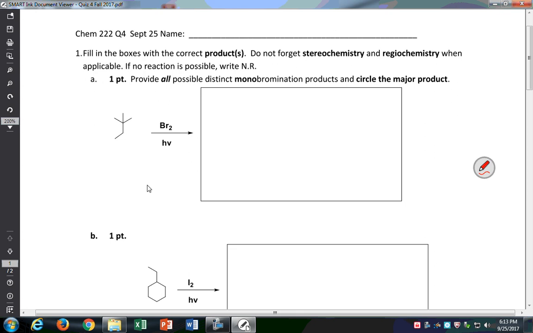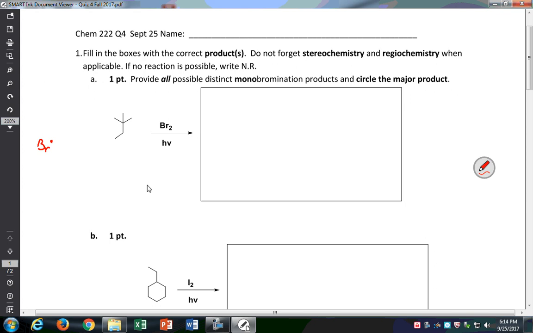So this goes through the fact that once we form our bromine radical, we can get a hydrogen abstraction. It's not strong enough to get a methyl abstraction, so we should have the same number of carbons in our starting material in all of our products. Otherwise, it's not a possible product. So we can get a bromination at any carbon that has a hydrogen, at least in theory.